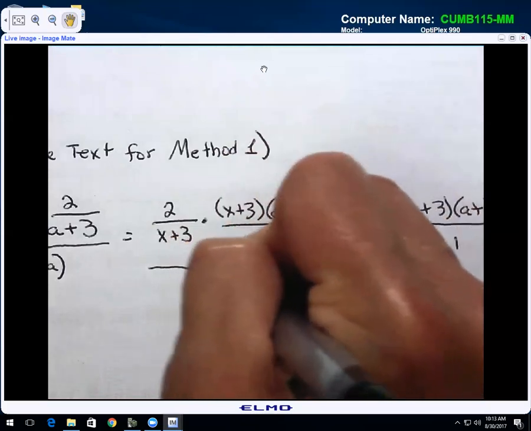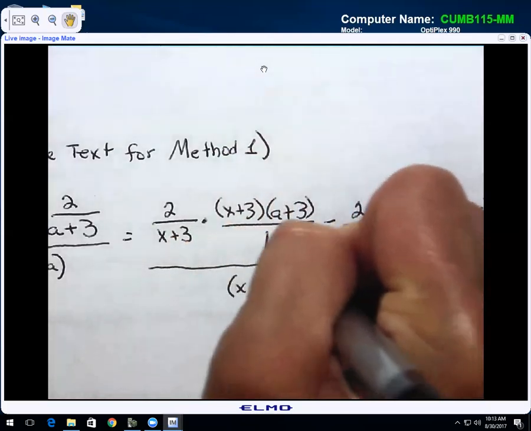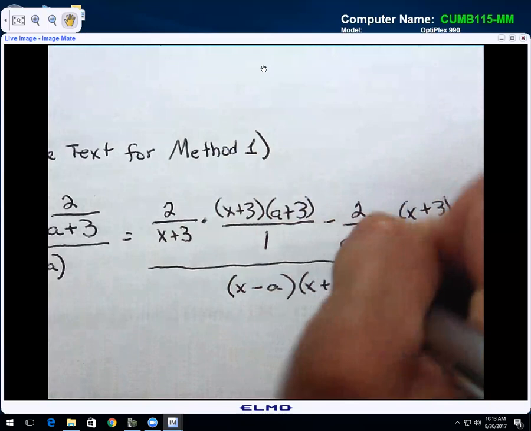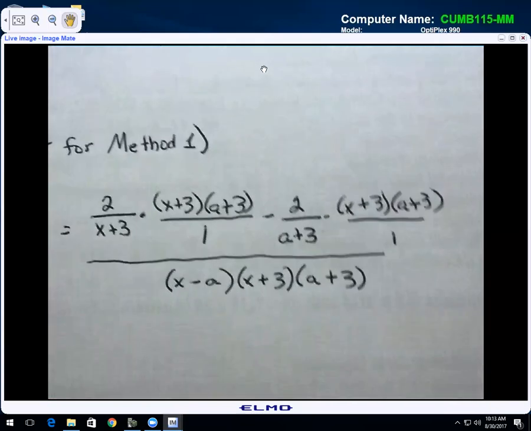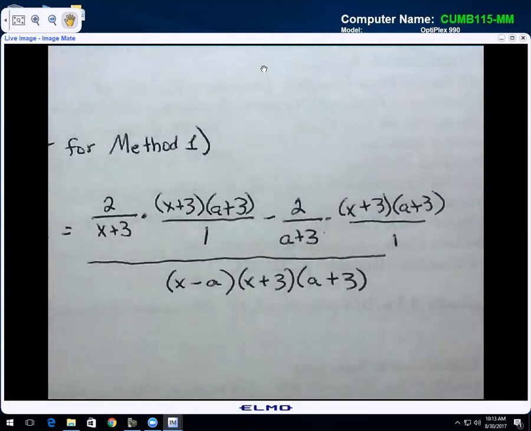And here's the denominator times the LCD. When I'm multiplying a fraction times a whole expression, I put the whole expression over 1 so that I can cross cancel. Yeah, but won't the fractions be not the same?